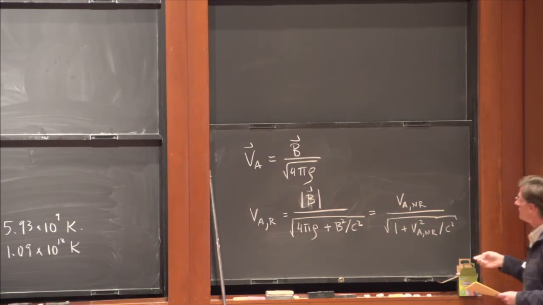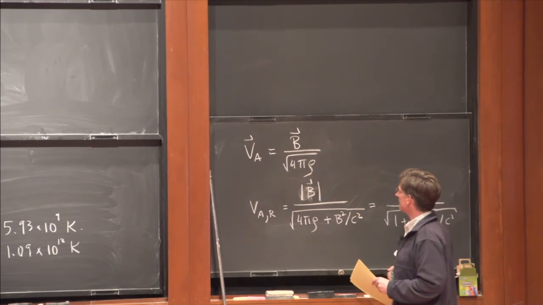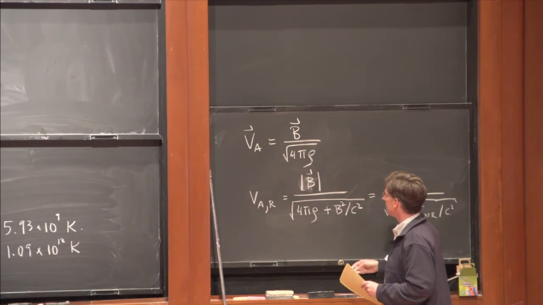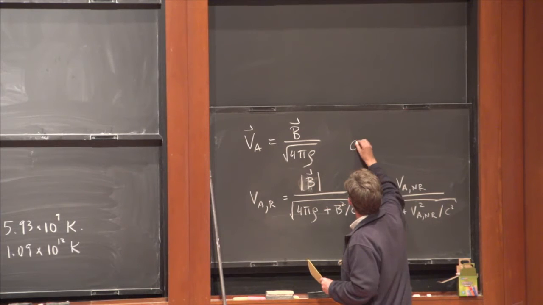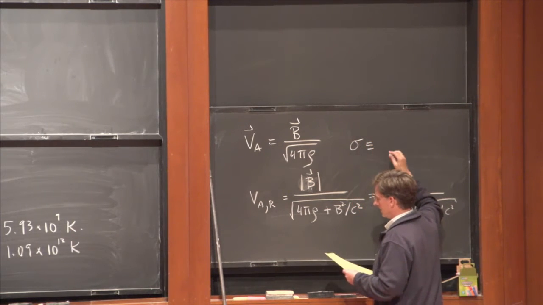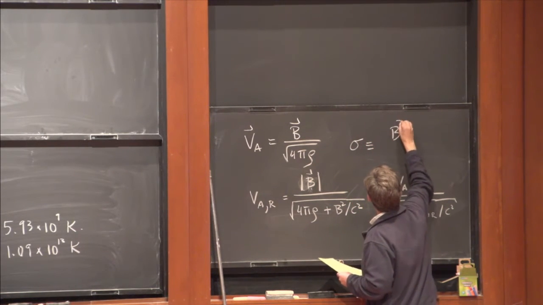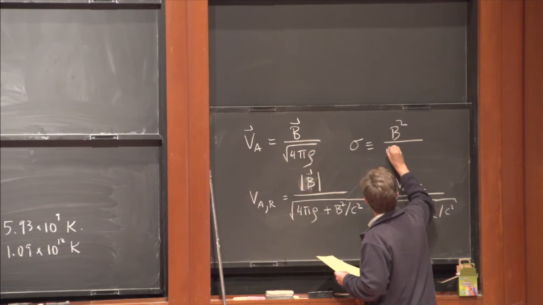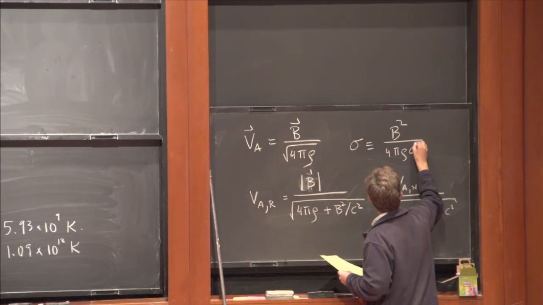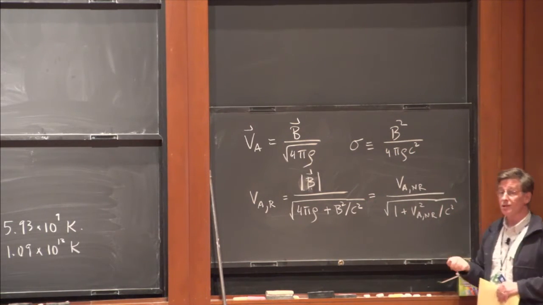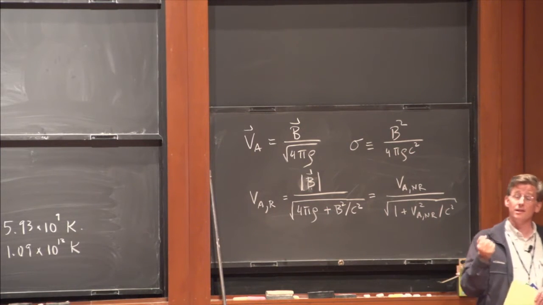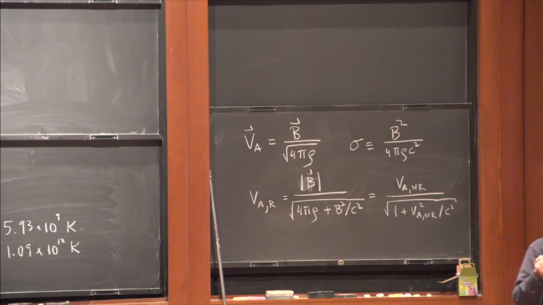And the dimensionless parameter that describes this is the ratio of these two terms, which is commonly called sigma. And this is B squared over 4 pi rho c squared, which is the ratio of the energy density of the magnetic field to the rest mass energy density.